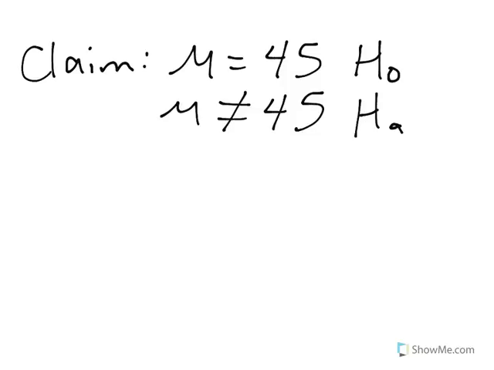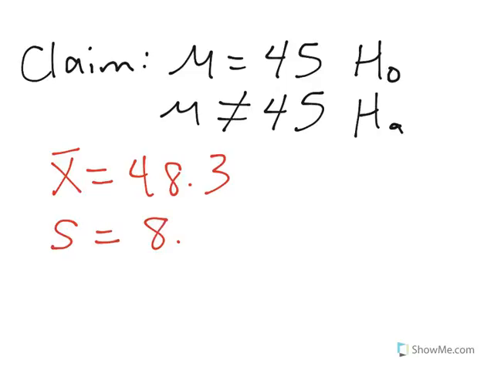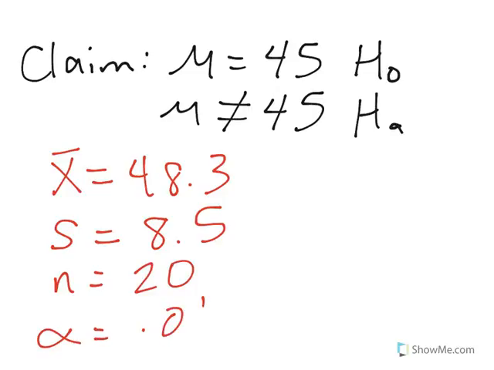So there's our alternative hypothesis. What else we know is that our sample mean is 48.3. Our sample standard deviation is 8.5. We know that because we sampled 20 people, and we were given that alpha is 0.01. So that is what we're going to use to test this.